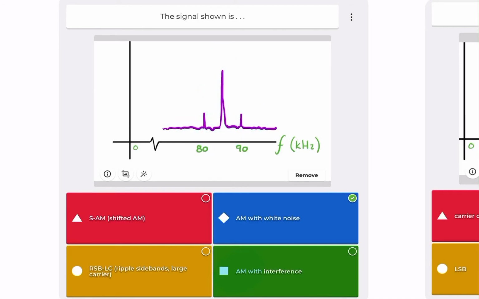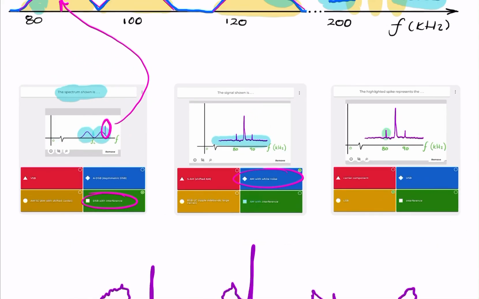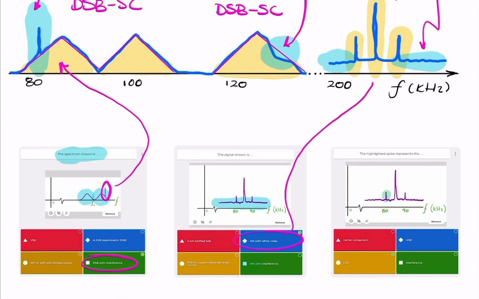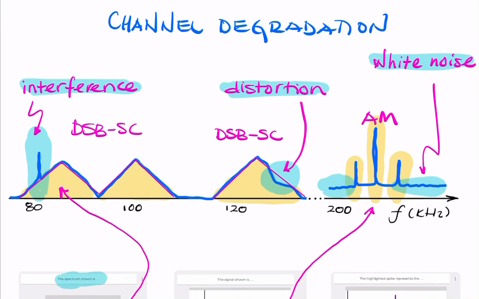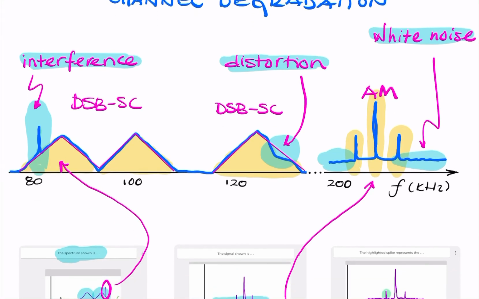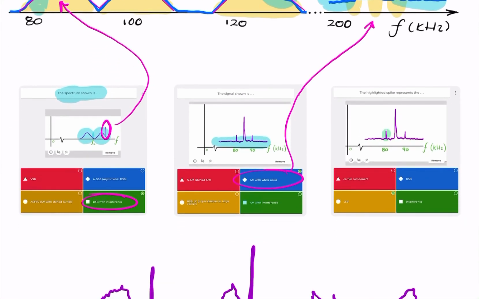But what we're looking at here is white noise. Again, that is exactly the same as what we have here. So the actual shapes of these spectra, and how interference, noise and distortion affect them, isn't entirely new. We have covered this before.